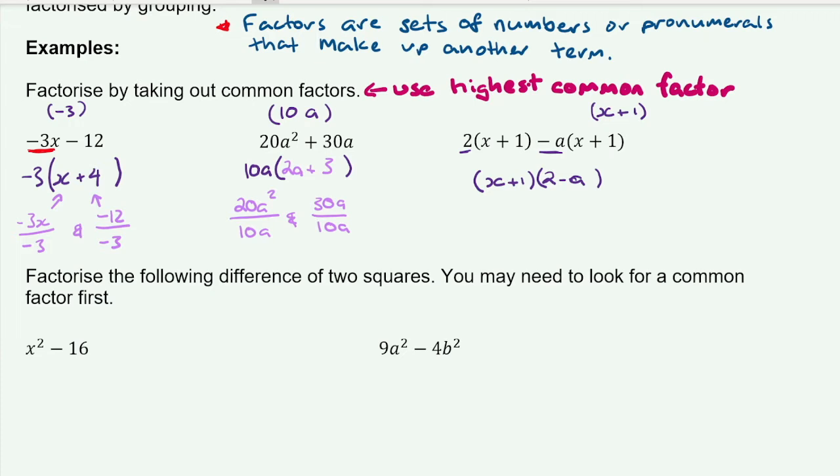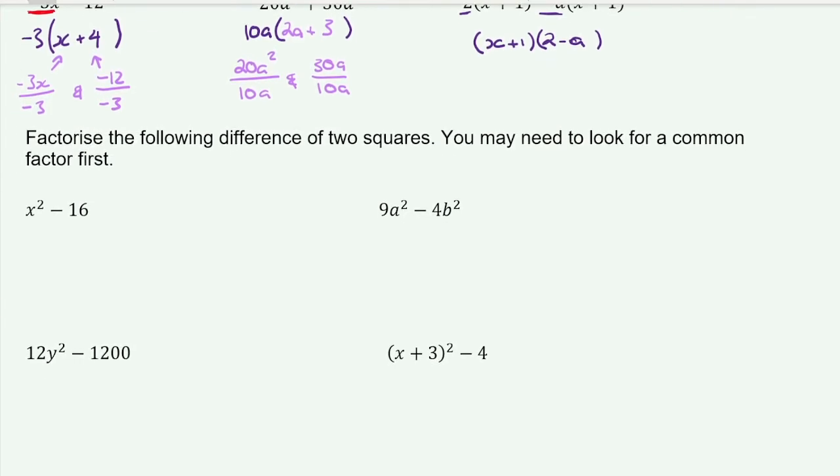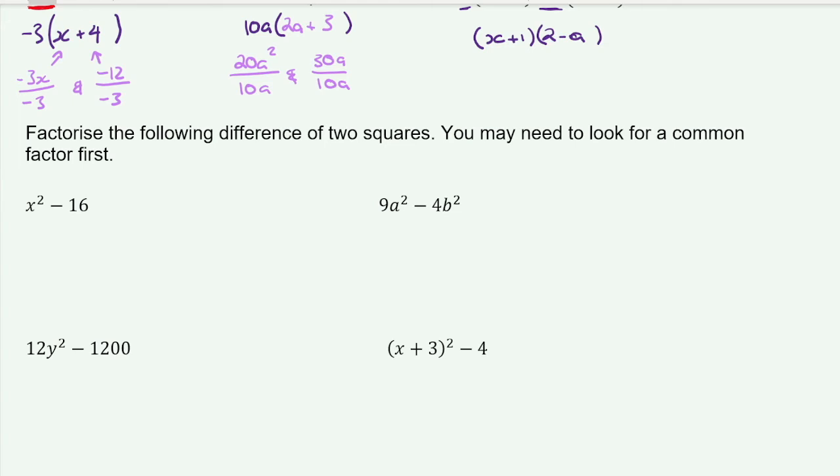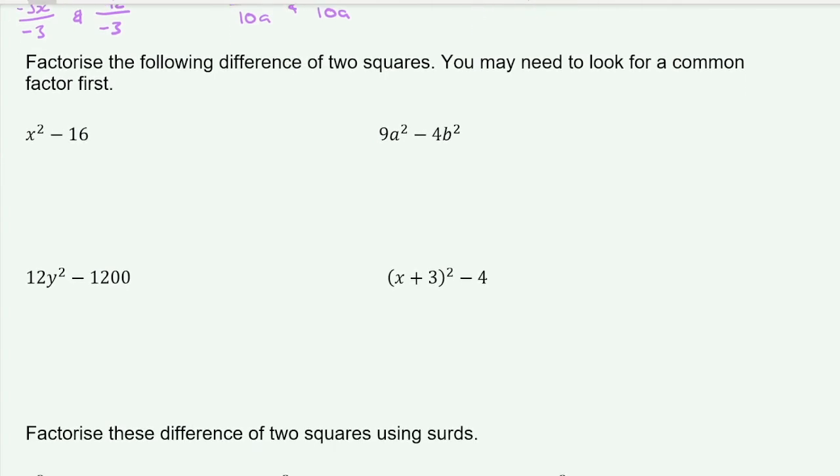Now this one's a difference of 2 squares. Alright, so we might need to look for some common factors. Essentially what we're looking for though is we want an x squared minus a 4 squared.